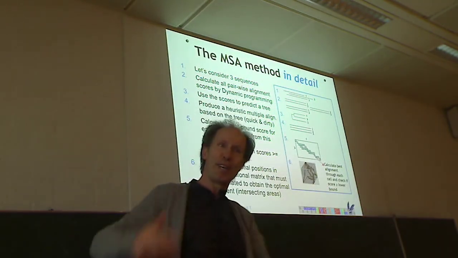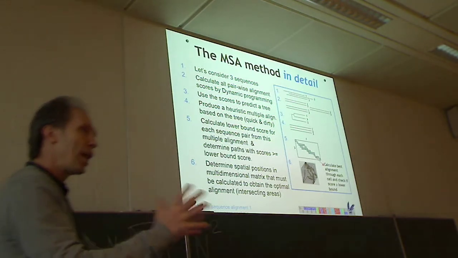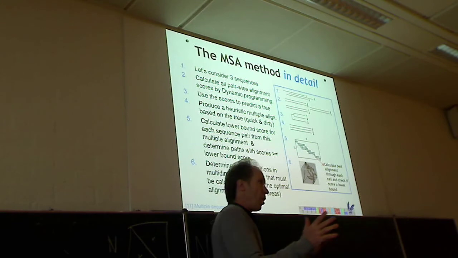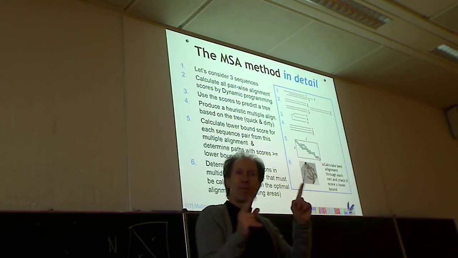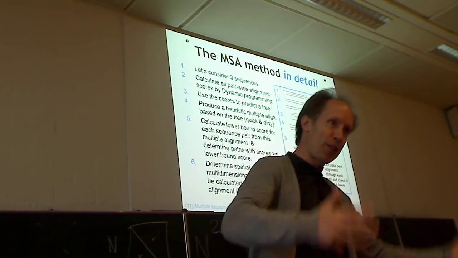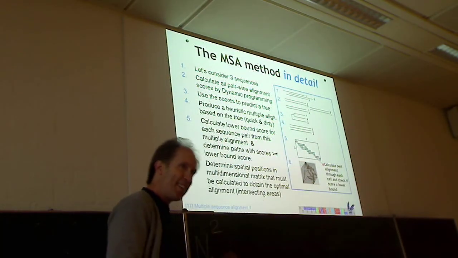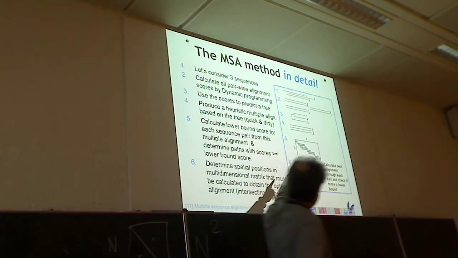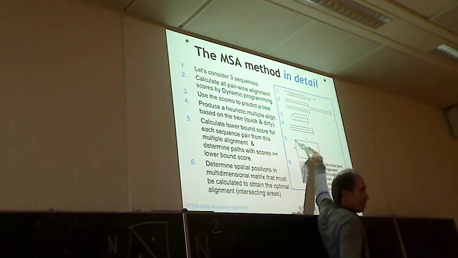They don't have it available, but they use a simple way of aligning it, a bad alignment, and then said, okay, all our alignments should at least score better than that bad alignment. And that was their cutoff. Then they checked in the matrix, and there's no need to look beyond that.